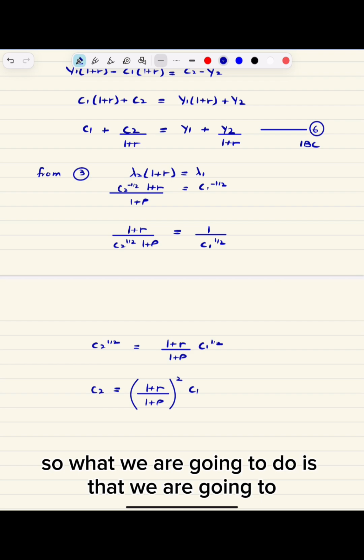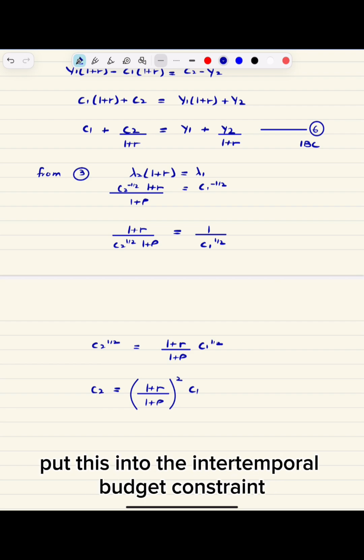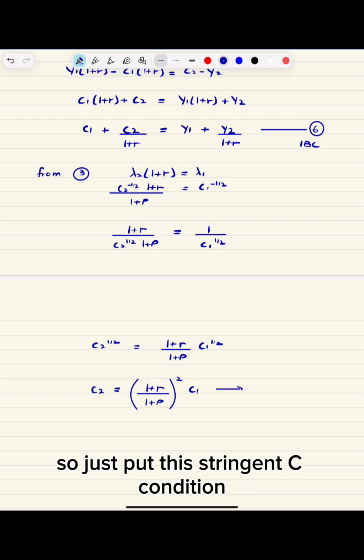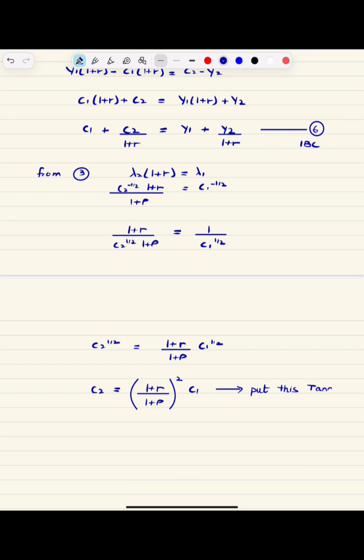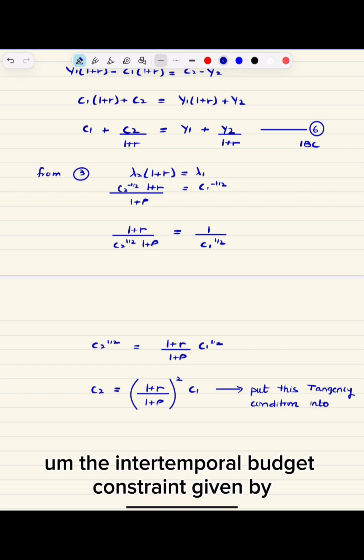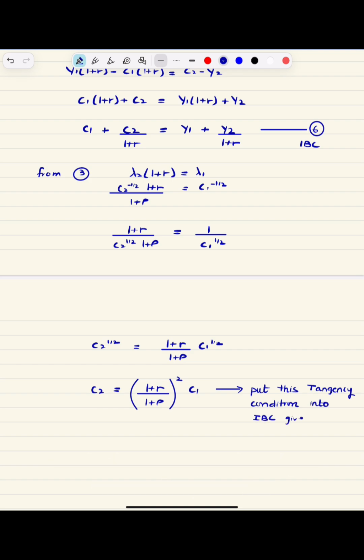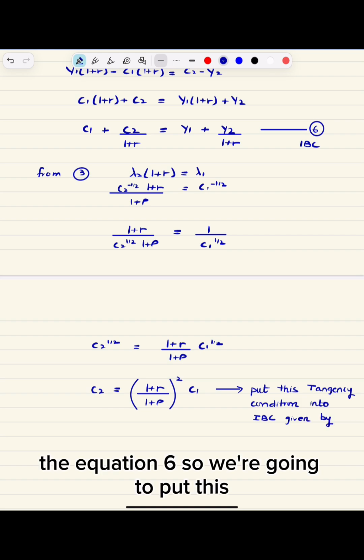What we are going to do is put this tangency condition into the intertemporal budget constraint given by equation 6.